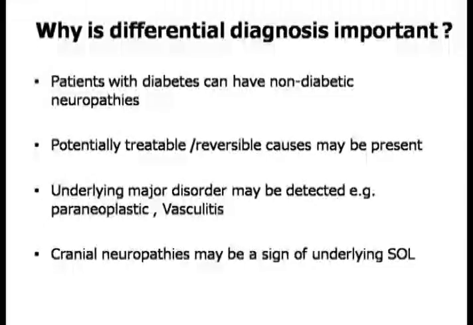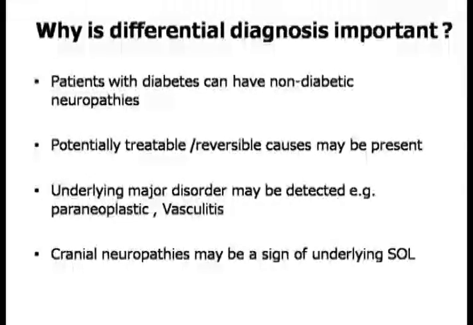Or you may have an underlying major disorder of which neuropathy may be the initial presenting symptom. You may have a paraneoplastic neuropathy, an infiltrative disorder, or a vasculitis which comes to you as just a neuropathy, and that forms the initial point of a differential diagnosis which leads on to another more serious outcome.